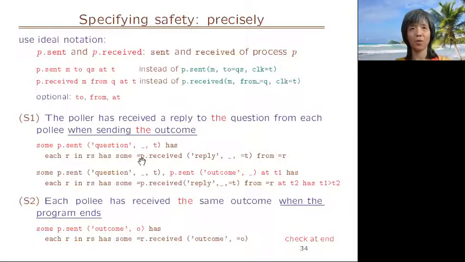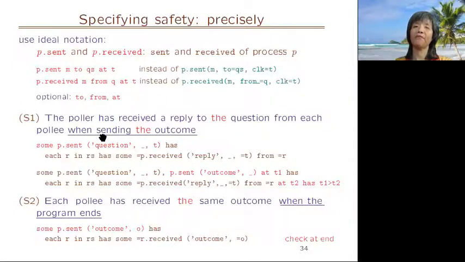Remember this equal means it's matching this equal, and this P, and this equals R, matching this R. So you can see this logic is the same. For each responder R, P has received the reply for the same ID from R.